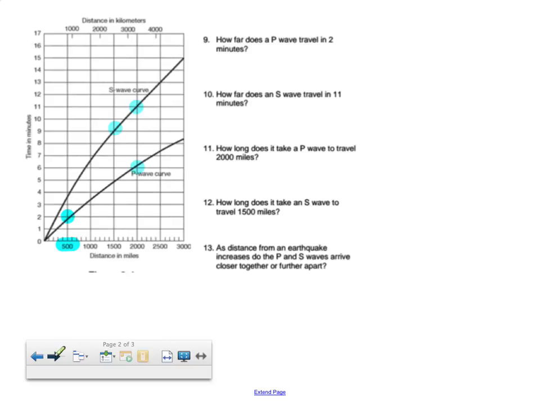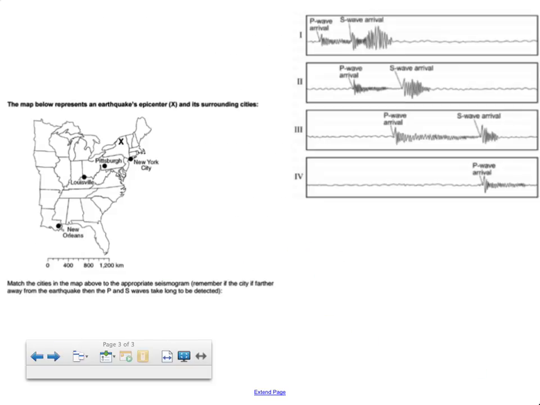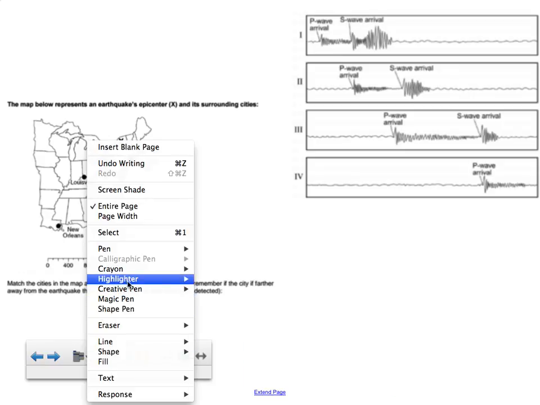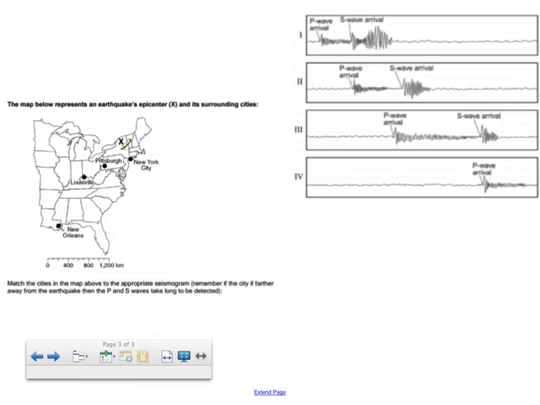All right, lastly, you have a map that looks like this. It tells us that the epicenter is represented by a what? By an X. So here's our epicenter. 1, 2, 3.